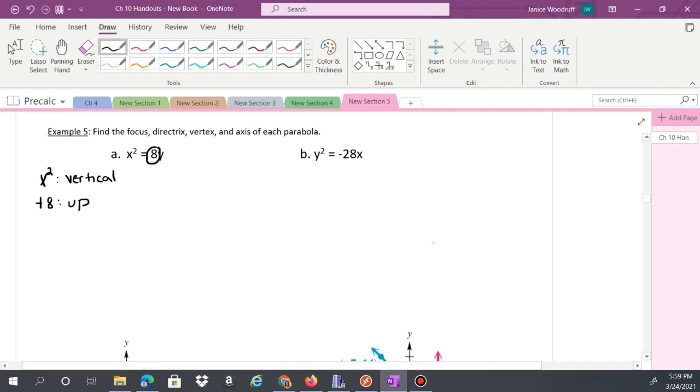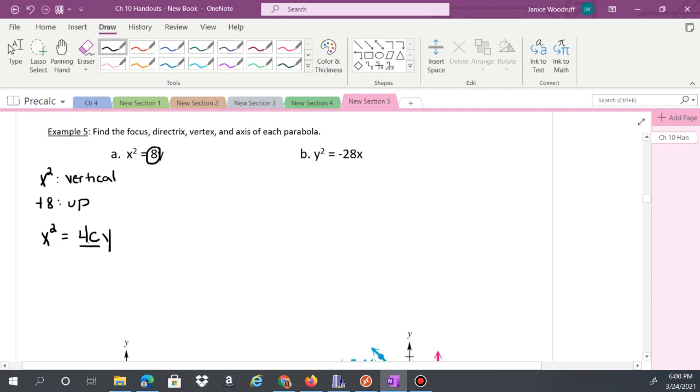Now the equation. Go to the parent equation of this, which is x squared equals 4cy. That's what we had on the previous page. So 4c is what's in front of y. Now it's asking you to find the focus, the directrix, the vertex, and the axis.